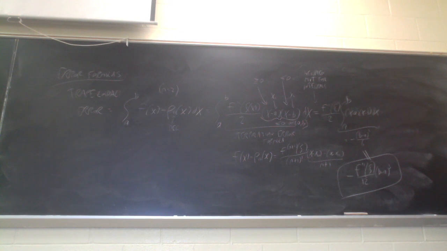Like if you know the second derivative is positive, then you can say that your approximation is an upper bound, for example. So that's the only time the sign of an error, positive or negative, might be useful information.